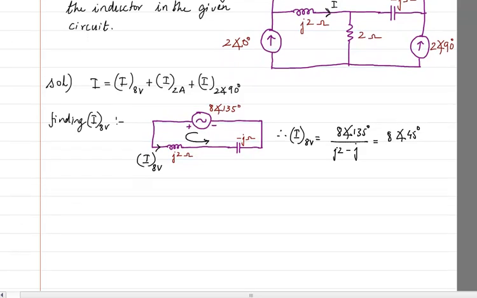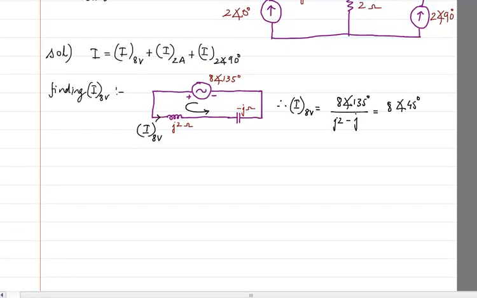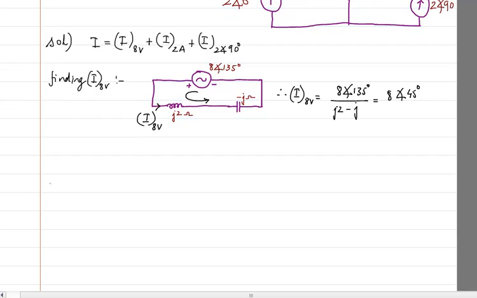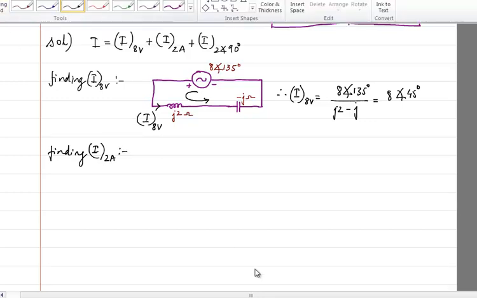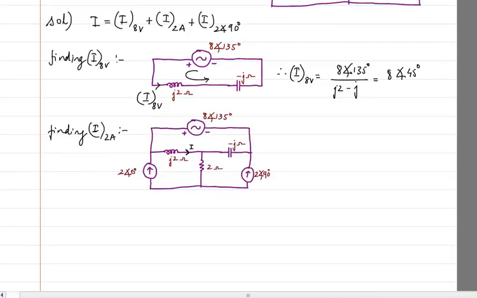Let's see how it's going to be. Finding I because of the 2 ampere current source. Again I will have to redraw the circuit. Now let me take out the other sources.